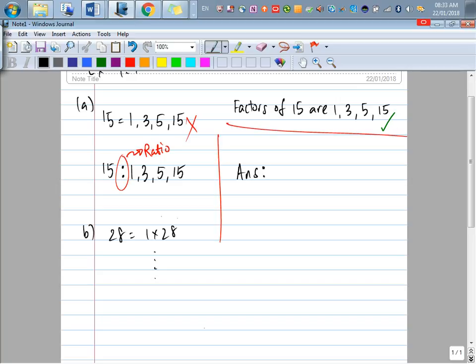Answer, then with a colon, 1, 3, 5, 15. Okay, this is fine. This one is okay. Because I understand that this is telling me the answer is as such. But this over here, 15 is to 1, this one I do not accept. Okay? So I am very particular with what you use for your working. What you use for your mathematics.